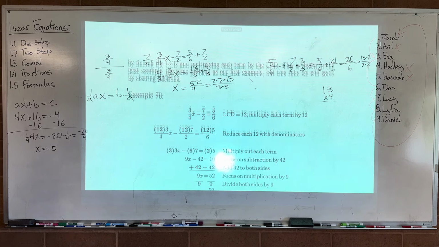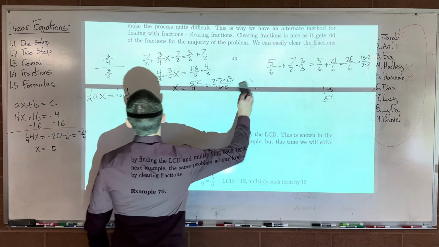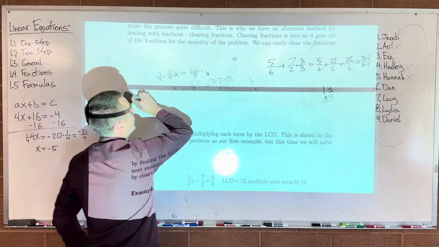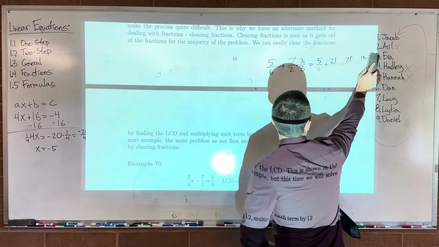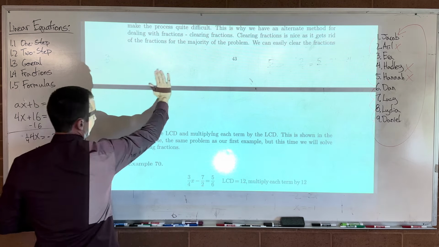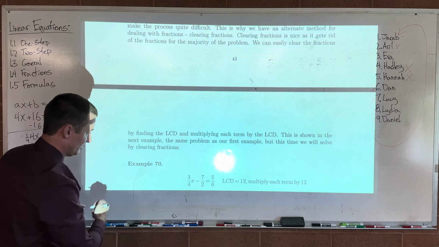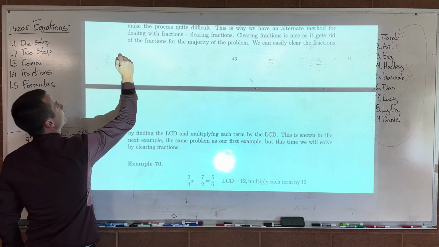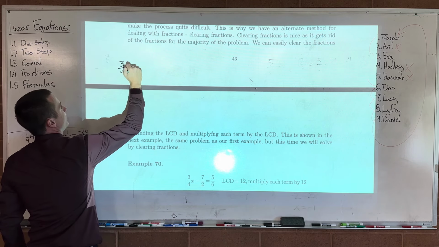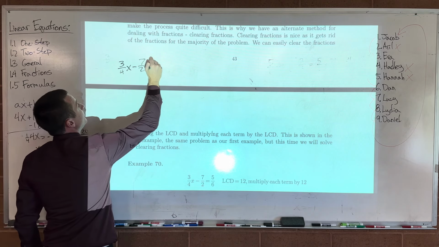Okay, let's do another one. These fractions seem to be challenging you a bit, so I'll work through a few more. So this time we have 3/4 x minus 7.5 equals 5/6.